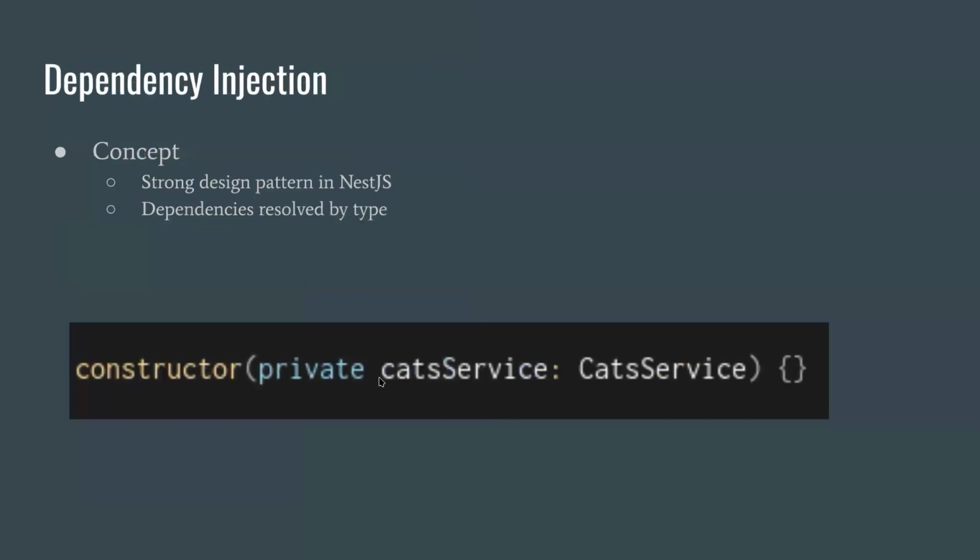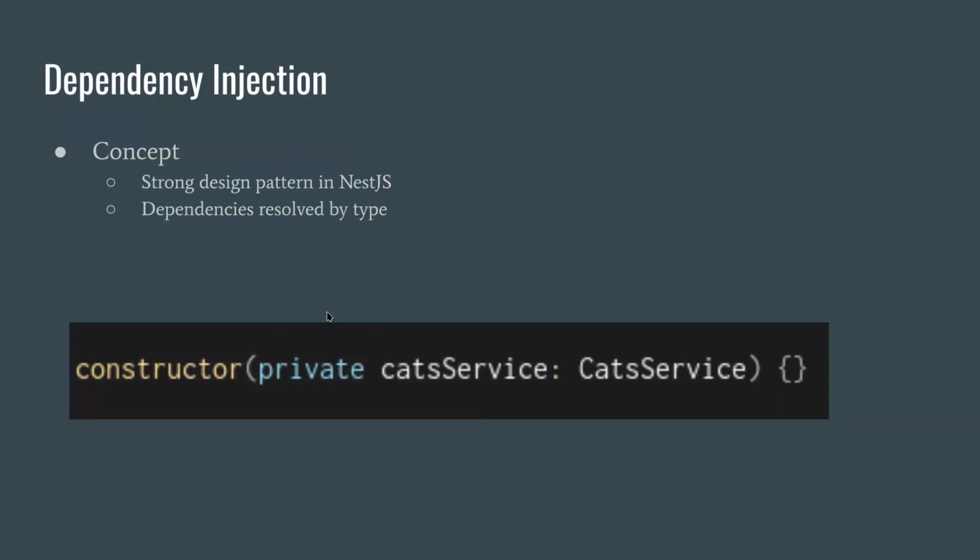Dependency injection. So NestJS is built around the dependency injection design pattern. So in NestJS, dependencies are resolved by type, and thanks to TypeScript's capabilities, when a dependency like CATS service is required, NestJS will create and return an instance of the service.